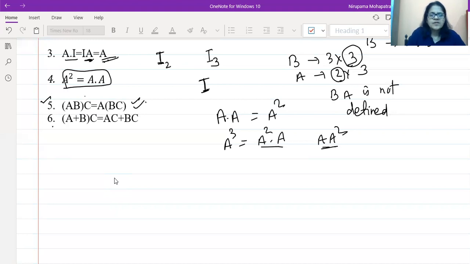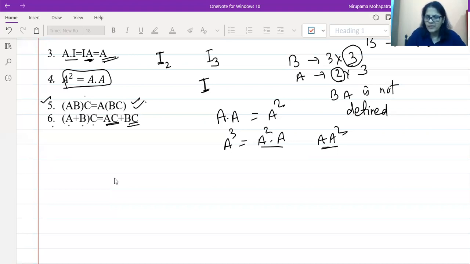And the sixth one is that matrix multiplication is distributive over matrix addition. So A plus B into C equals AC plus BC. Again, in each case we have to see that AC is defined and BC is defined, so the product of the matrices should be defined. You cannot take A plus B and C randomly.